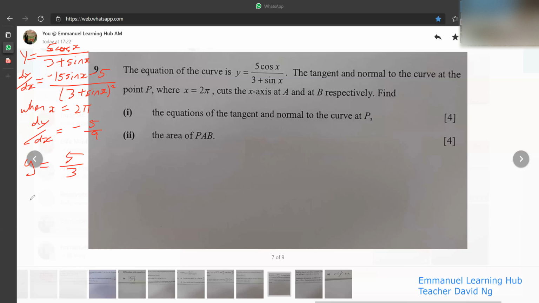So point P would be 2 pi and 5 over 3. That's your point P. Then the equation of the tangent to the curve at point P, then you simplify.